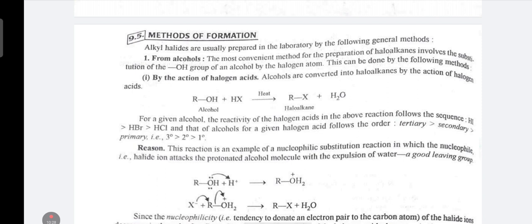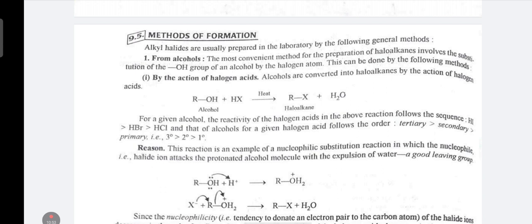For a given alcohol, the reactivity of halogen acids in the given reaction follows the sequence HI > HBr > HCl. That of alcohol for a given halogen acid follows the order tertiary, secondary, and primary.